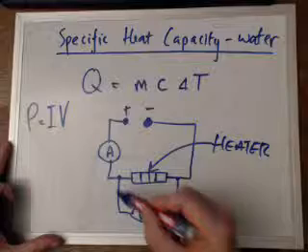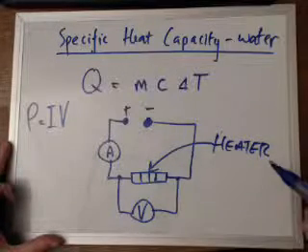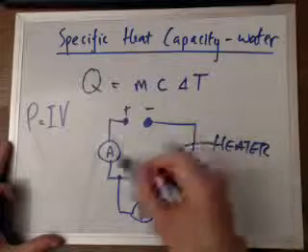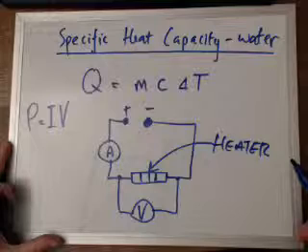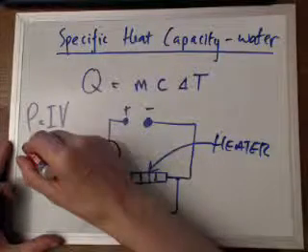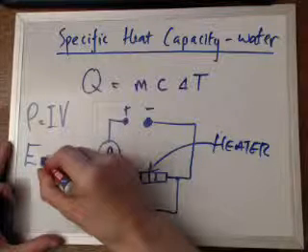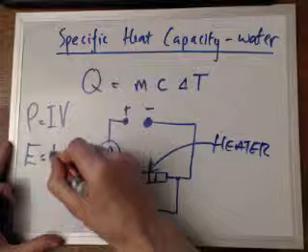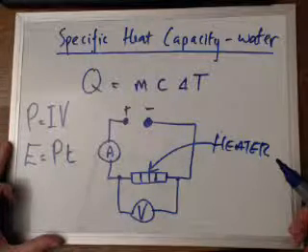So we can find out the power by measuring the voltage across there and multiplying it by the current through this circuit. Now, what else do we need? Well, we need to know how long it's been switched on for. That will give us the total energy, because the electrical energy, which is transferred into heat, is equal to power times time, and the time must be in seconds.